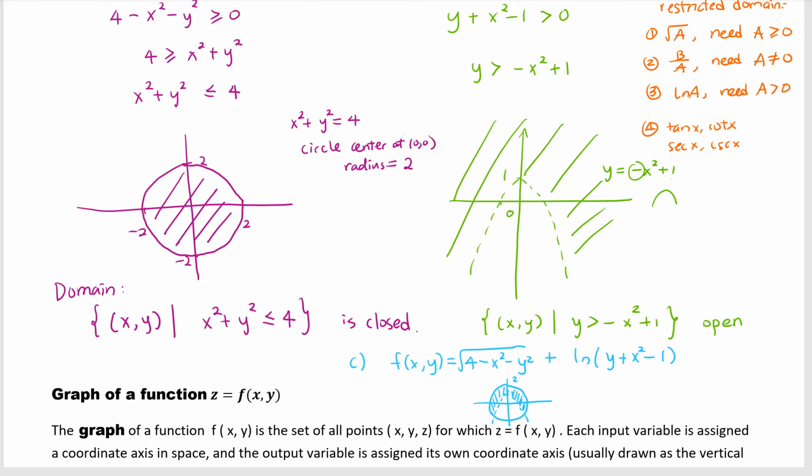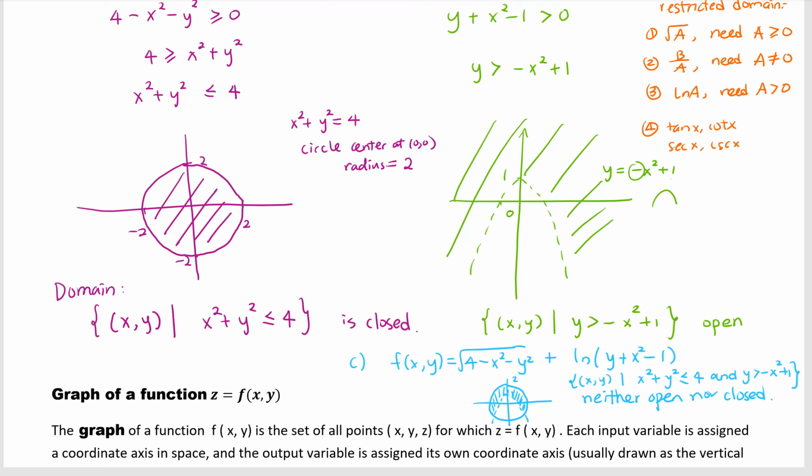So this is neither open nor closed. If you want to describe the set, you can just put all the conditions right here. So x squared plus y squared less than or equal to 4, and you use "and" because we have to satisfy both conditions.